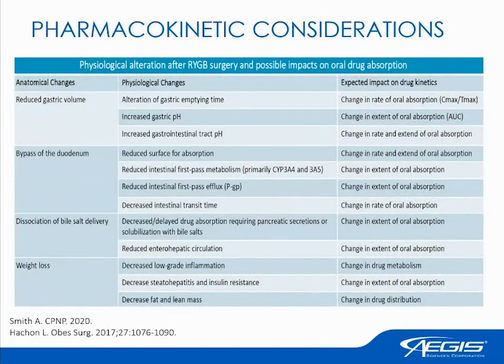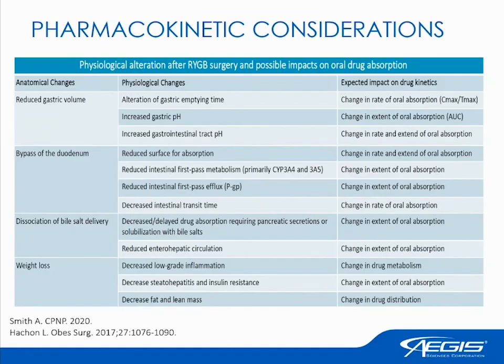The pharmacokinetic considerations I have listed here are specific for the gastric bypass, so the Roux-en-Y surgery. You have anatomical changes, which I covered in the previous slide, and I've paired that here with the physiological changes that occur once those things occur during surgery, and then the expected impact that these could have on drug kinetics.